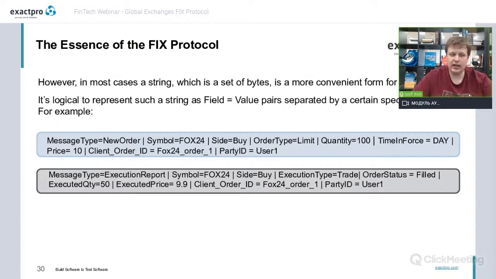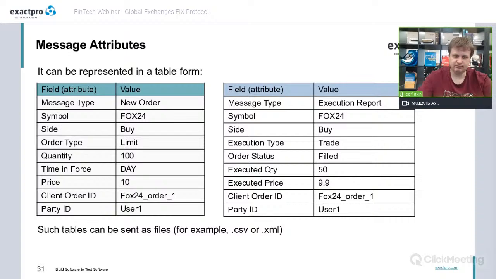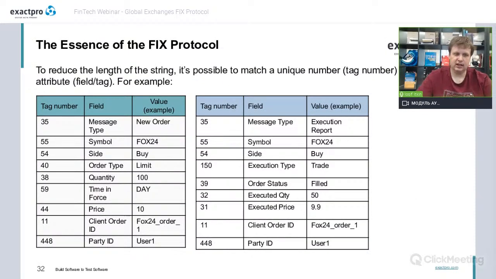So it is possible to encode a dictionary using several different formats. For example, one can convert it into a string of separated tag value pairs. So we can put message type equals new order, a separator, and symbol equals Fox24, etc. What the FIX protocol does, it assigns a tag number to a set of standard fields.